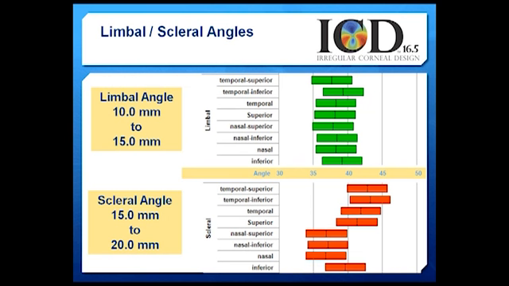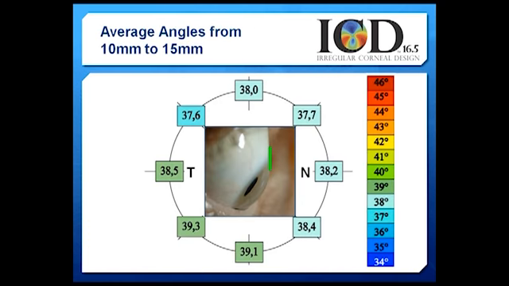And that's obvious from these graphs, where you can see the 10 to 15 millimeter chord shows good symmetry of the angles around the clock. They're very tight. The angles are very close together. However, as we go to the 15 to 20 millimeter chord, you see more asymmetry as we move around the eye surface circumferentially.